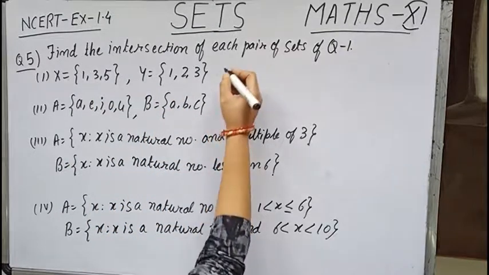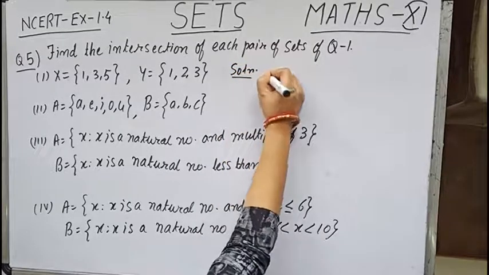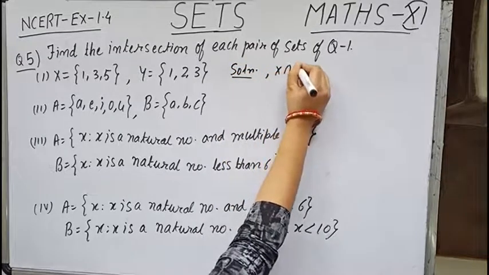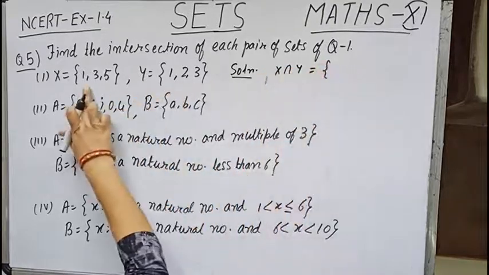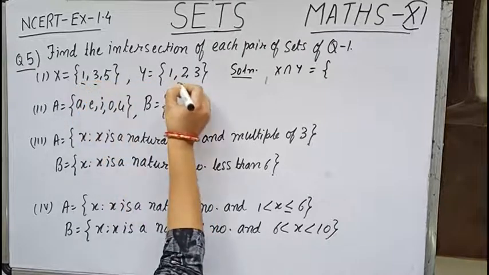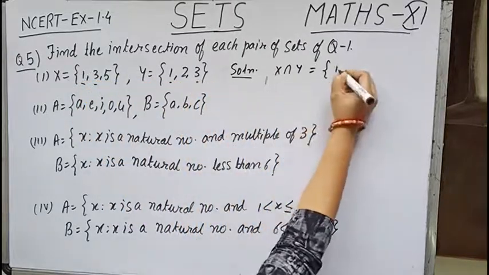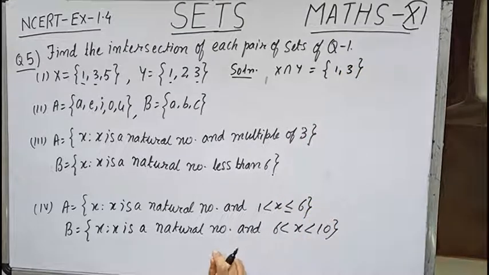So obviously in the solution part you will be writing X intersection Y equals, now what is common, 1, 3, 5 and 1, 2, 3. We can see that the elements 1, 3 are common in both. So X intersection Y is the set containing 1 and 3.